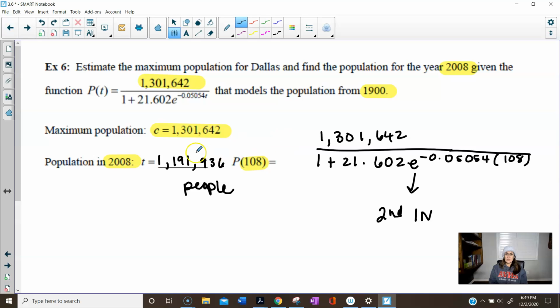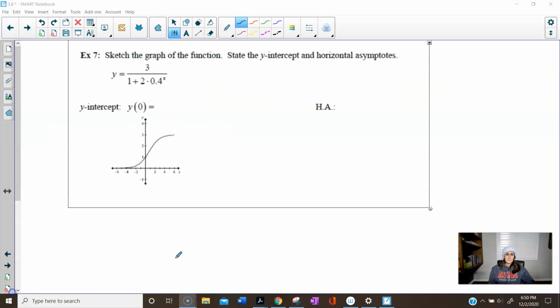So the asymptotes of this are going to be, if they asked for the asymptotes, you'd have 0 as your bottom one, and your top asymptote is 1301642. Thanks, you guys.